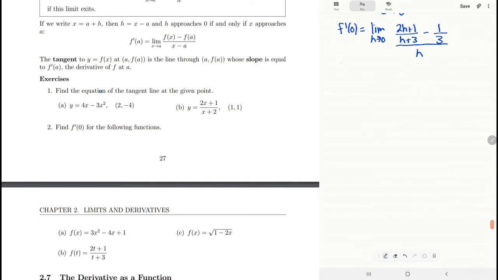So now let's simplify our limit. In the numerator, we have two fractions. So let's make a common denominator, which is 3 times h plus 3. So we need to multiply the first fraction by 3 over 3, and the second fraction by h plus 3 over h plus 3.